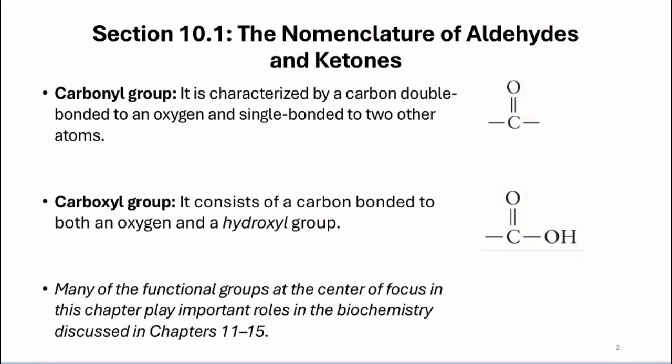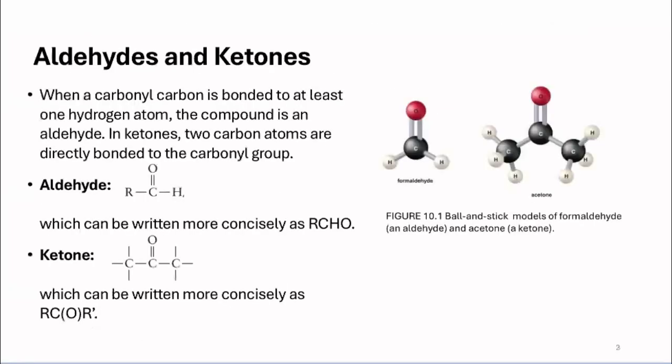So a carboxyl group indeed is a carbonyl group and a hydroxyl group, and that's where the name carboxyl comes from. First, we are going to learn about two functional groups that have the carbonyl functionality in them. Those functional groups are known as aldehydes and ketones.